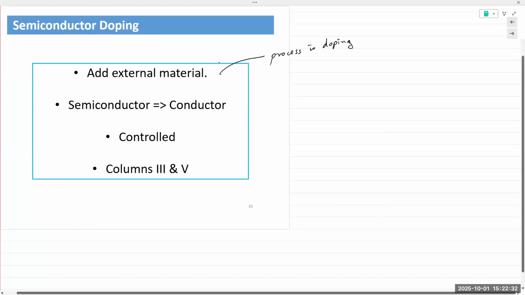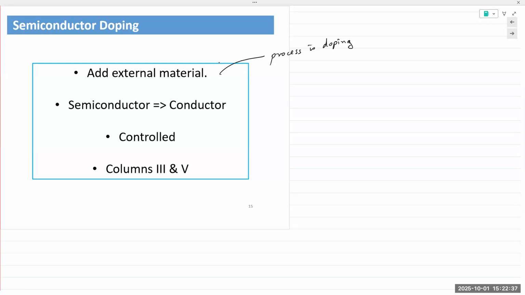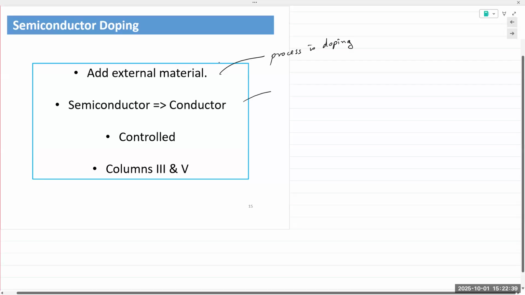And the semiconductor is now known as a doped semiconductor, or, what's the opposite of intrinsic? Known as an extrinsic semiconductor.